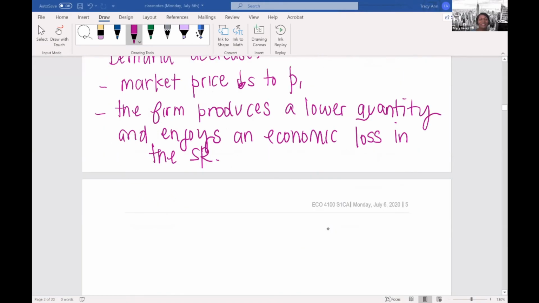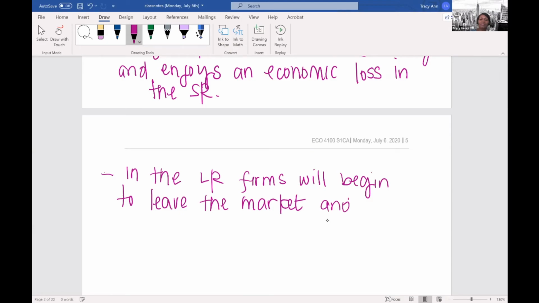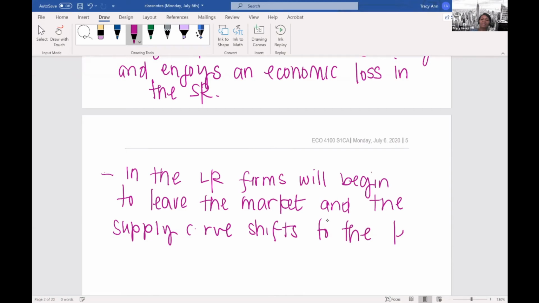So firms will leave in the long run, and the supply curve shifts to the left.